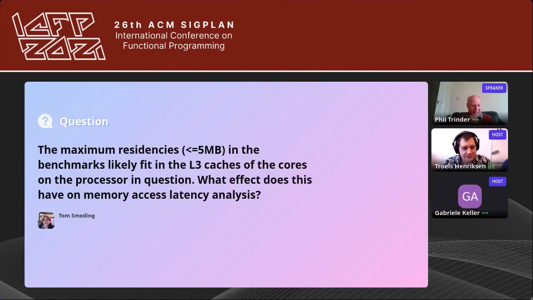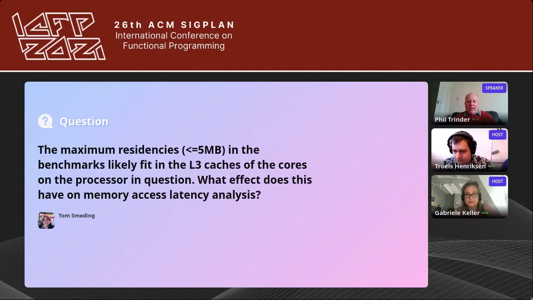So the maximum residencies in the benchmarks likely fit in the level 3 cache of the processors in question. What effect does this have on memory access latency analysis? Yeah, you're right. These benchmarks are old and small, so quite possibly we should have used benchmarks that used more memory.